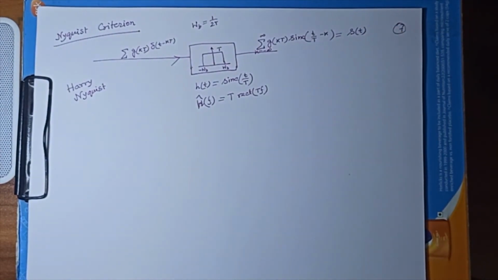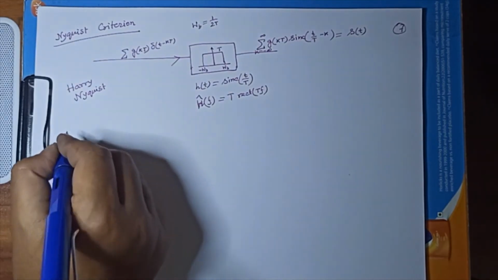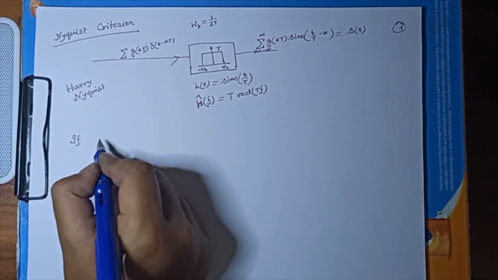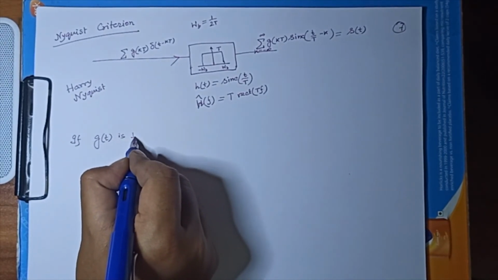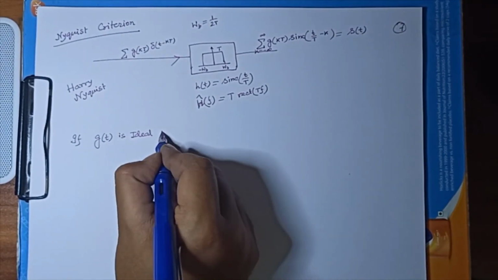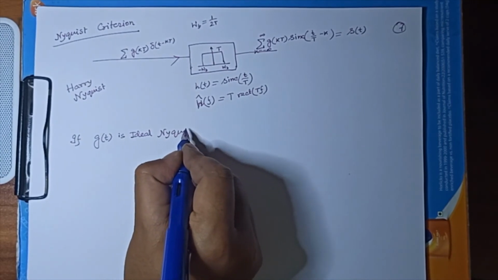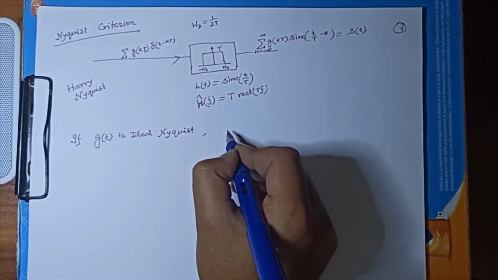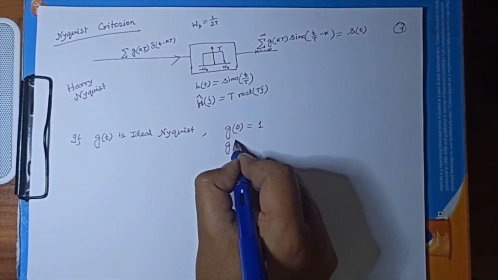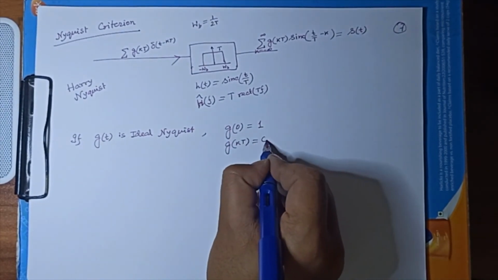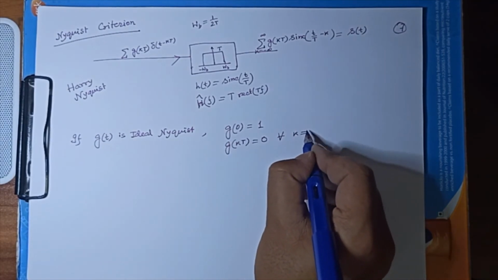So what is s(t)? If g(t) is ideal Nyquist, then g(0) is equal to 1 and g(kT) is 0 for all other k.